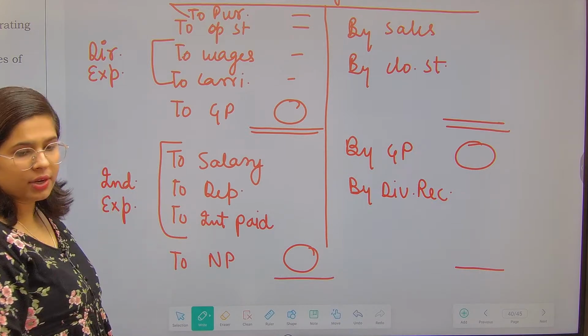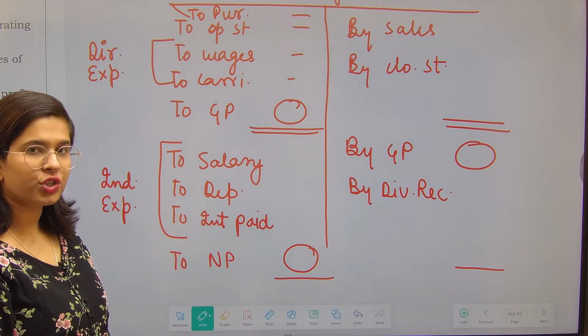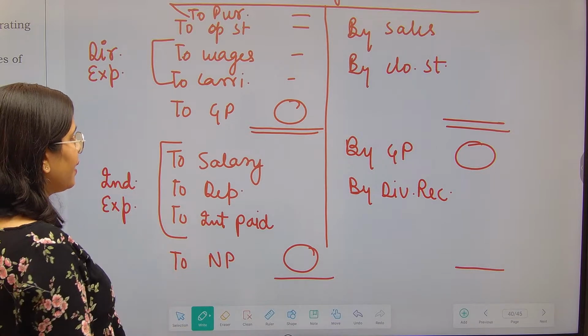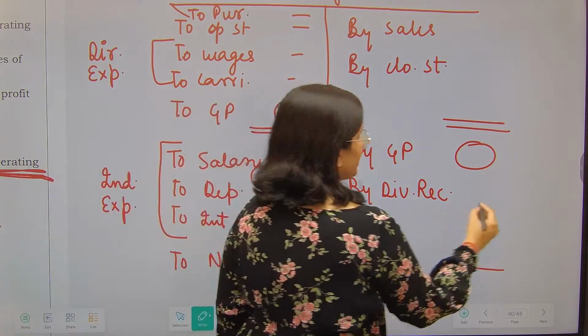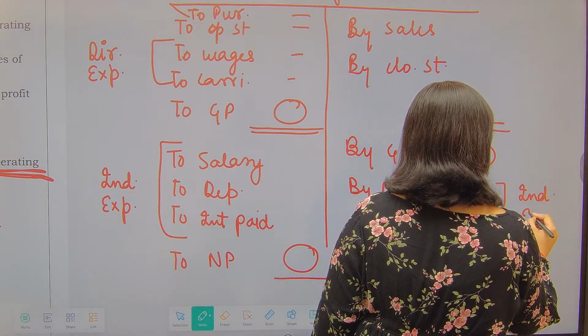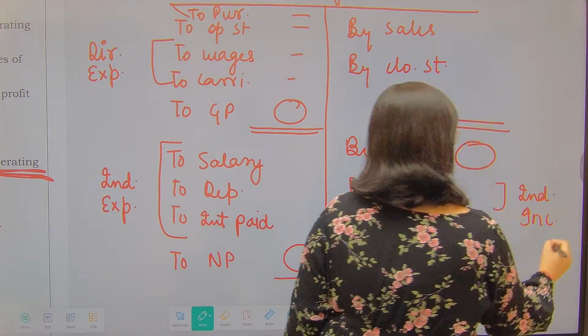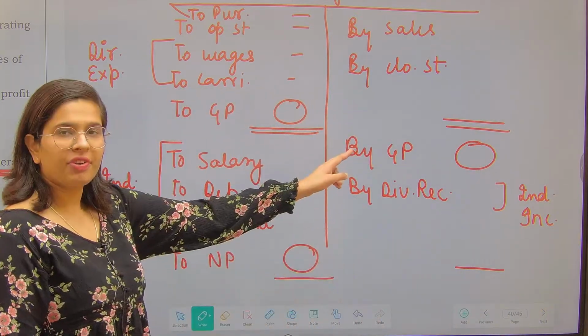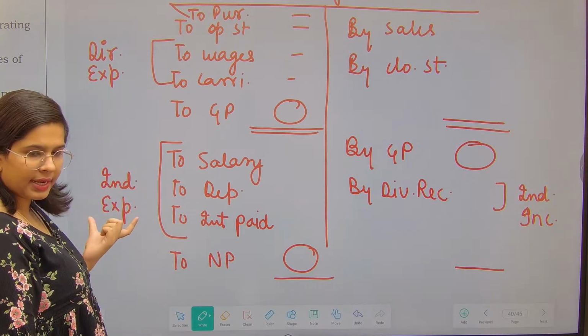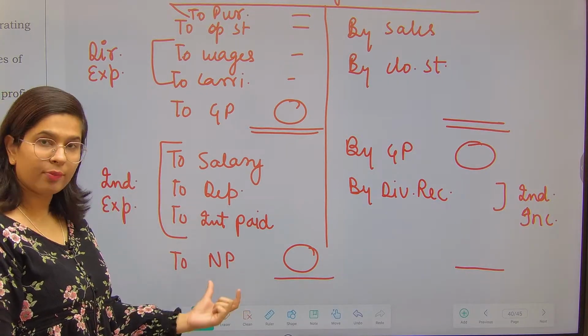Anything that is not related directly to the production is indirect for me, correct? So for calculating net profit, this is indirect expenses and this is indirect income. See very carefully. Gross profit plus indirect income less indirect expenses will give you your net profit.